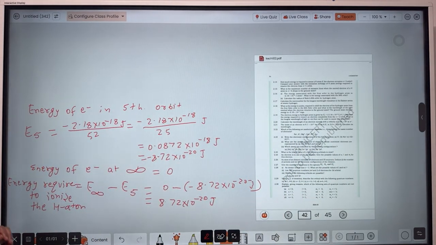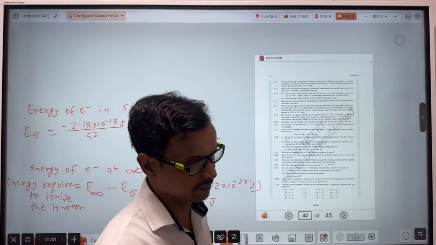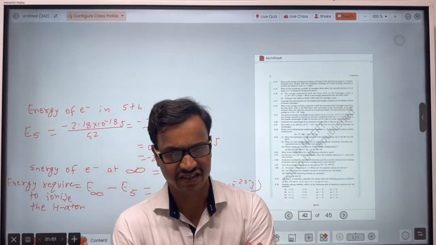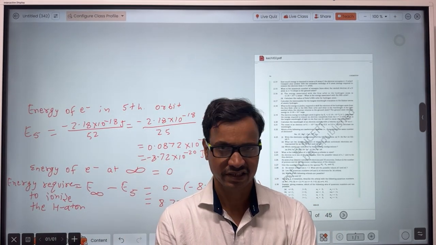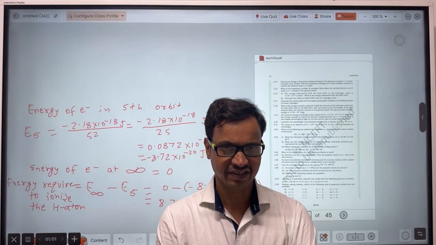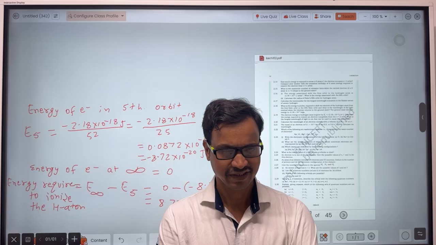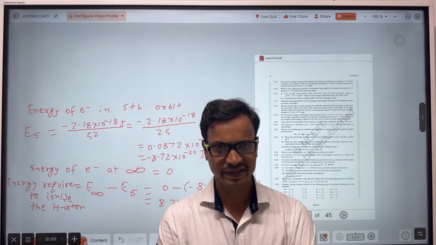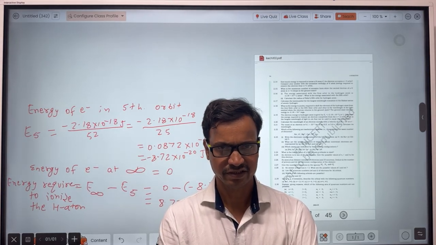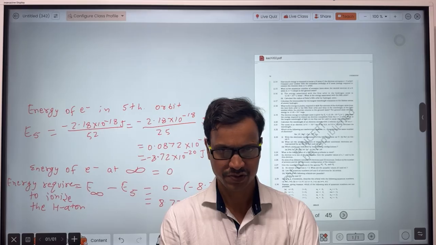For ionization enthalpy, the electron present in the first shell will jump to infinity. At infinity, the energy of the electron will be 0, and in the first shell the energy of the electron will be minus 2.18 into 10 power minus 18 joule.